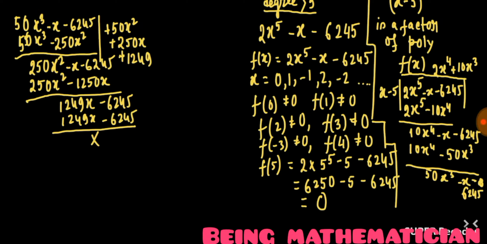So we factorize the expression 2x to the power 5 minus x minus 6245 successfully, and we have the factors.